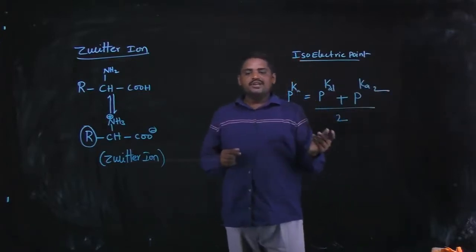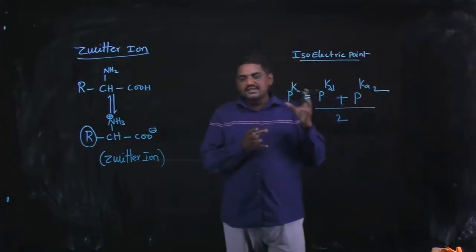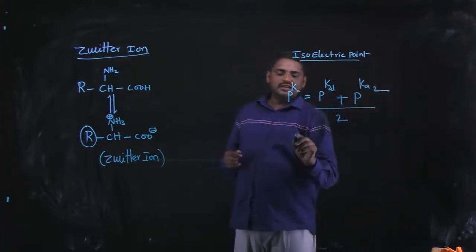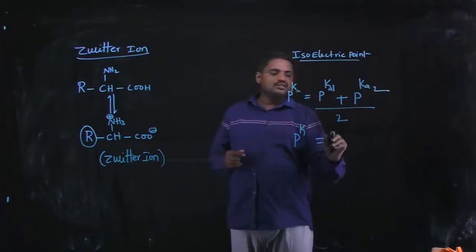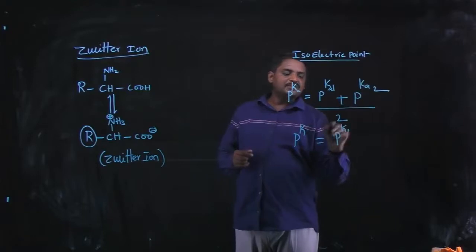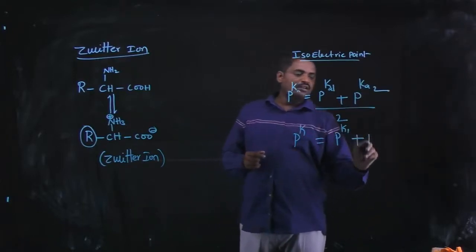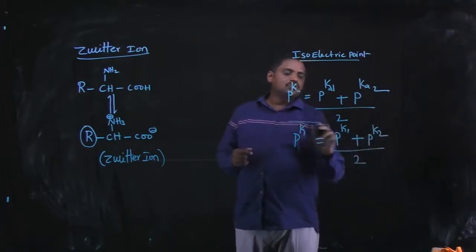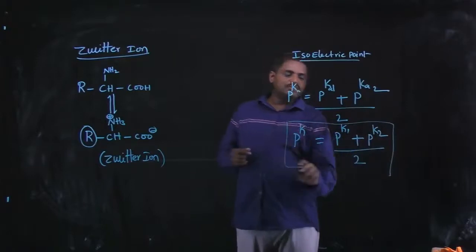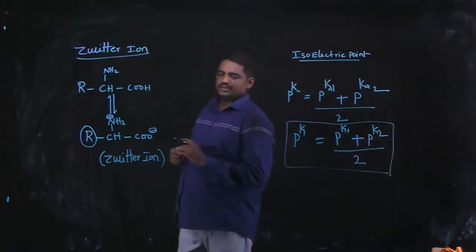These amino acids exhibit some acidic character. And then some neutral amino acids are taken. For that type of amino acids, the isoelectric point pK is equal to pK1 plus pK2 whole divided by 2. This is the calculation for isoelectric point for different types of amino acids.